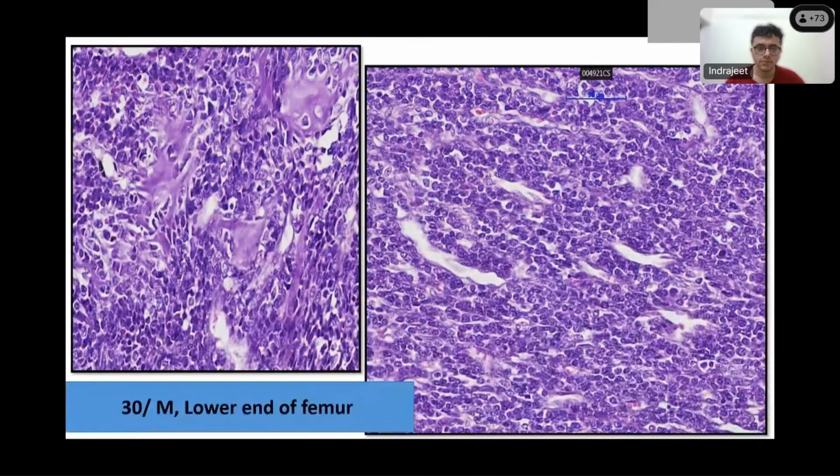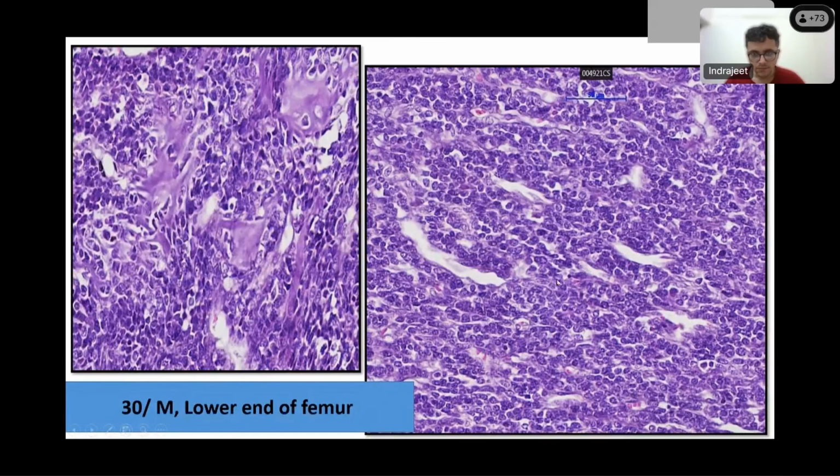Now, this is another tumor, 30-year-old, lower end of femur. What can you see here? What is the cell type? What matrix? Focal entrapped bony trabeculae are there, ma'am. And these are also cells with high NC ratio.